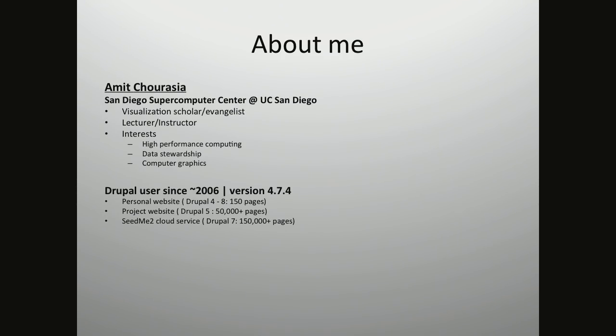On Drupal 7, we run a previous incarnation of what I'm trying to present now. That's been used by researchers around the country, actually around the world. A few hundred researchers, not a very big community. But it's used for video encoding. I work in visualization. We often create series of images as a result of the visualization process, and these images need to be converted into a movie.